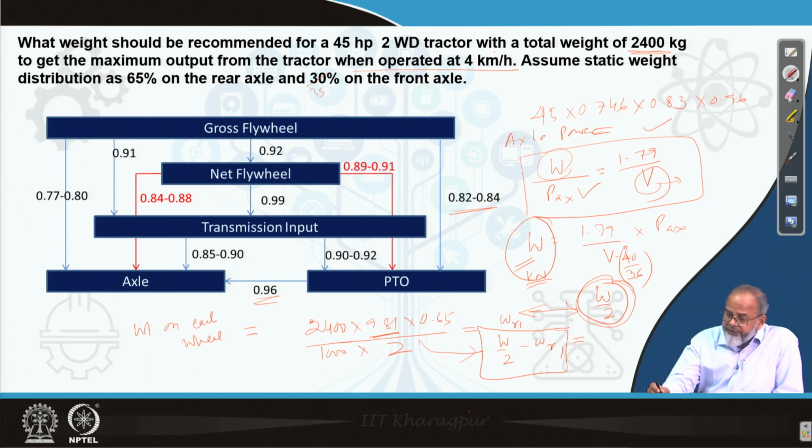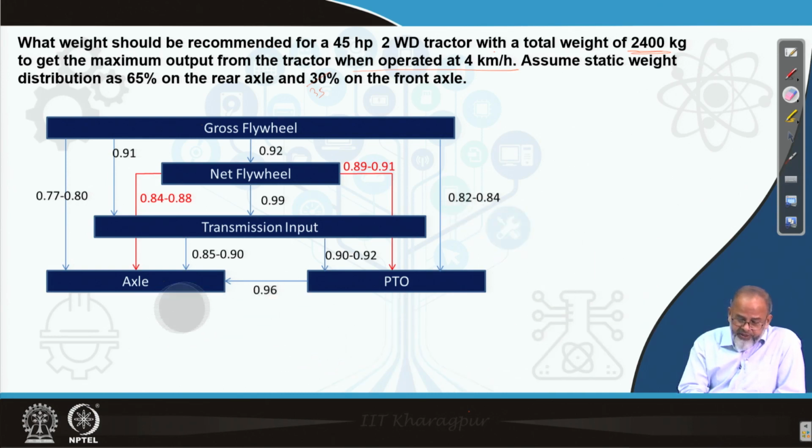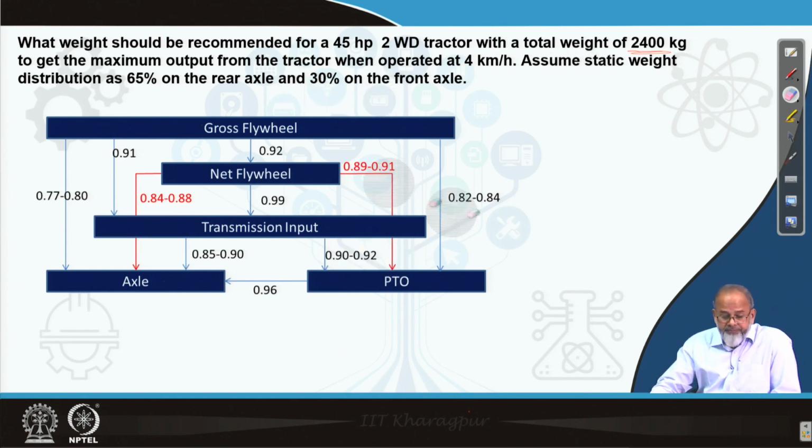So I have shown how to recommend the optimum ballasting weight so that you can extract maximum power. I have also discussed how overloading or underloading will affect the performance of the tractor.